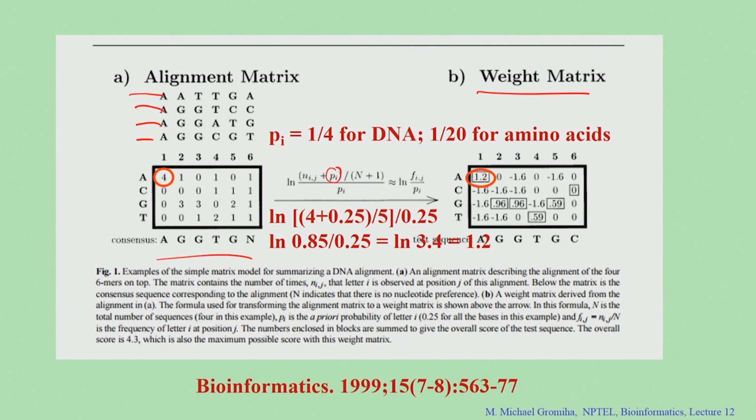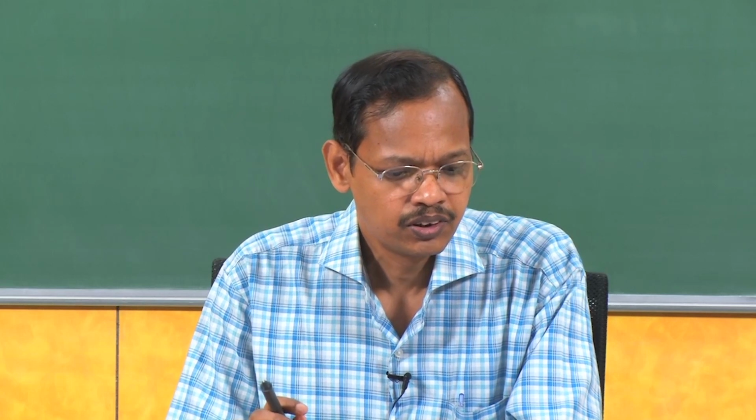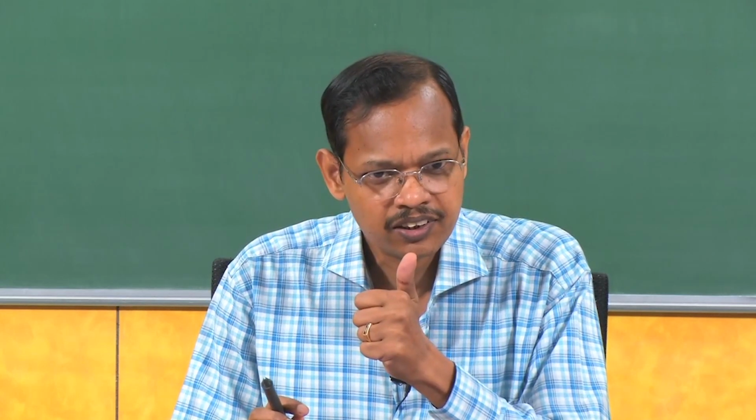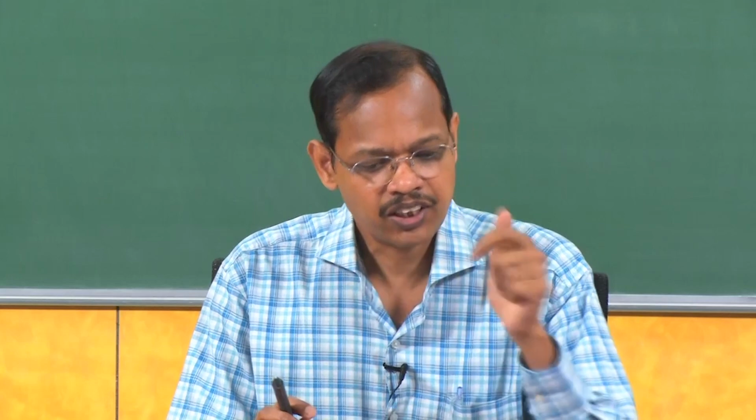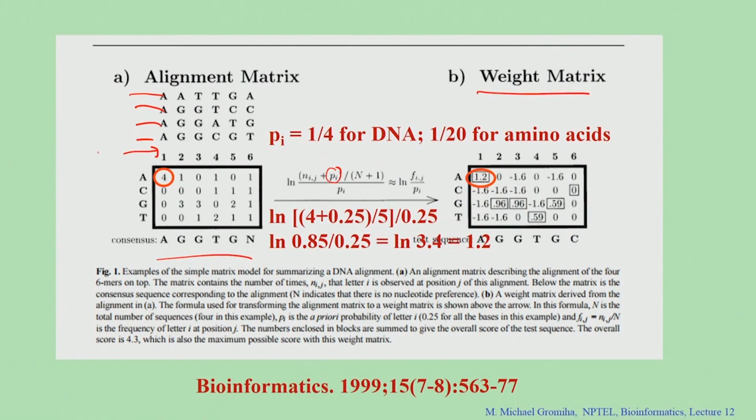For example, now there are 4 sequences; if you add one more sequence, sequence 5, what is the probability of having A at this particular first position?